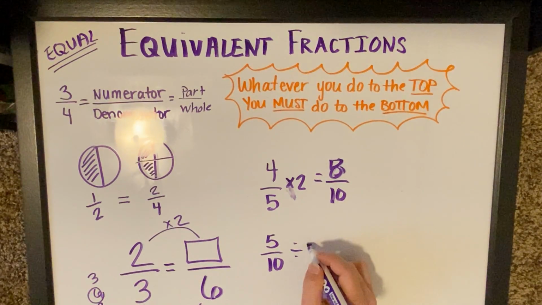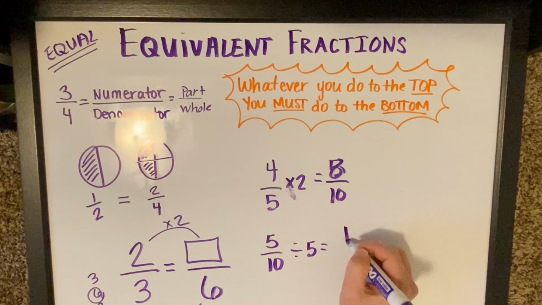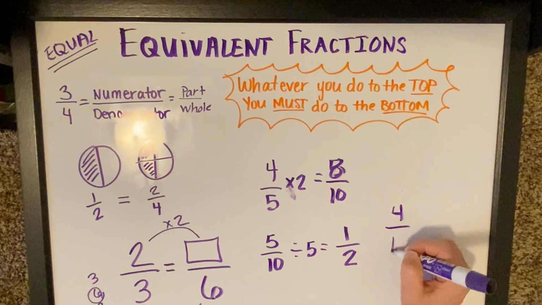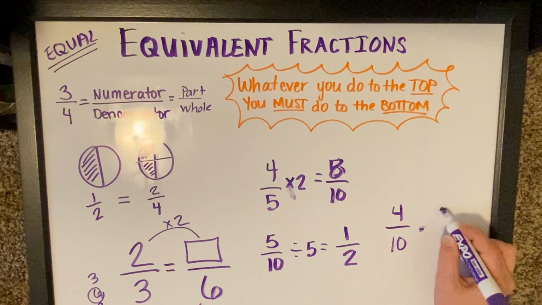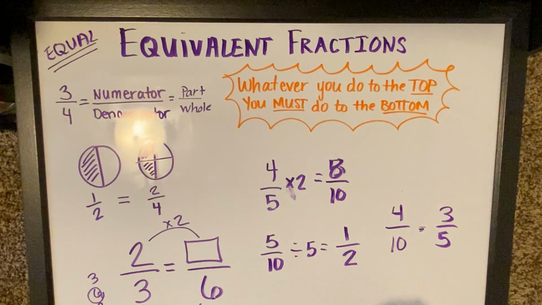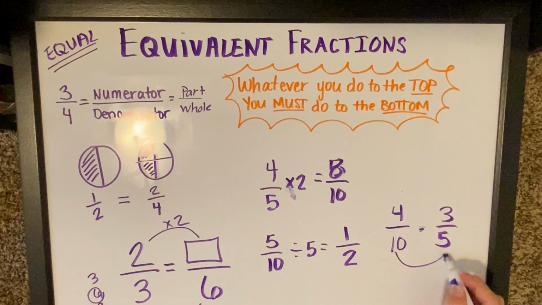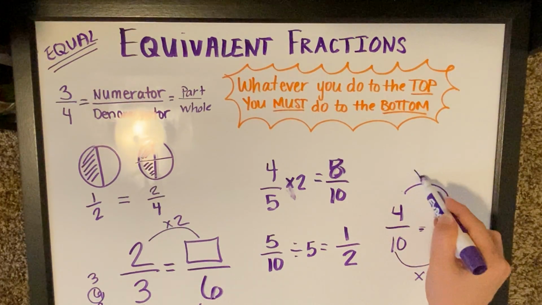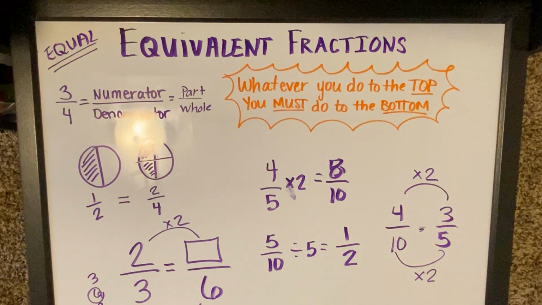And when we divide, we know that 1/2 is equivalent to 5/10. You might be given a problem where you are to determine whether or not they are equivalent, and you can do that by checking your numerator and your denominator. 5 times 2 is 10. 3 times 2 is not 4.